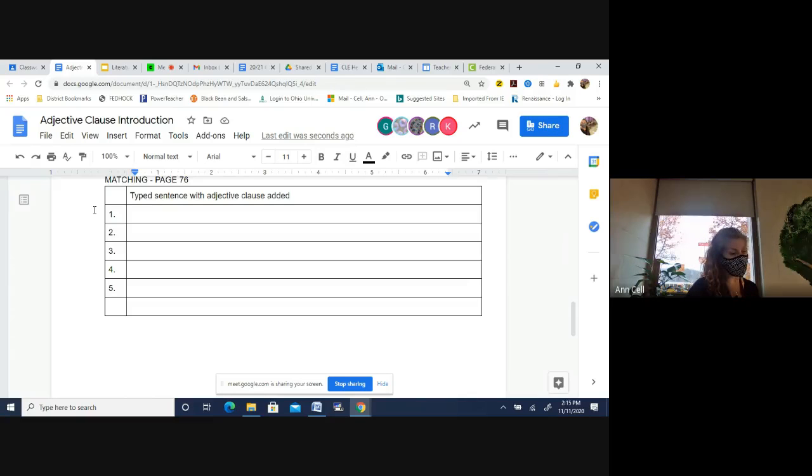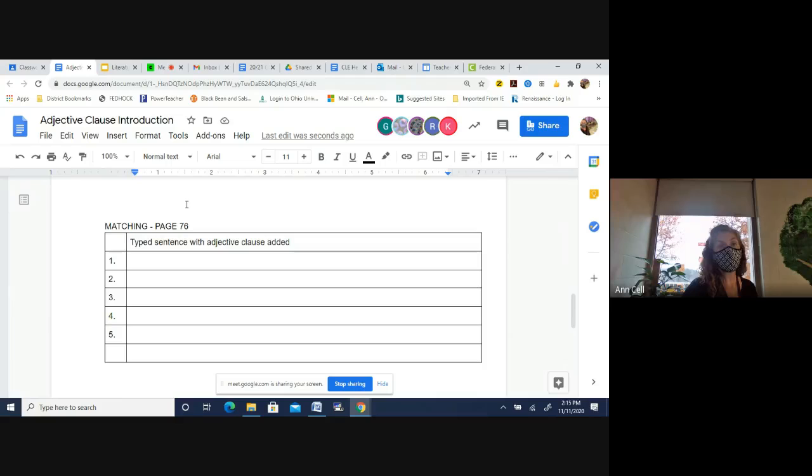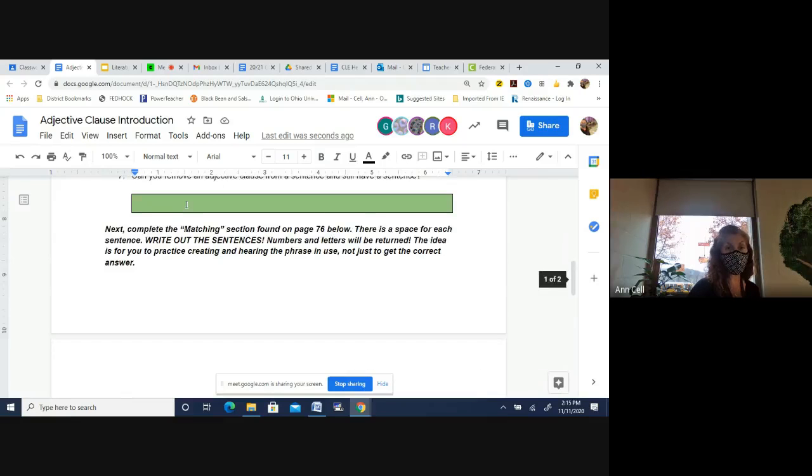And we are going to do this matching. We're going to do the matching section on page 76. Match the adjective clause with the sentences. Write out each sentence, inserting and underlining the adjective clauses.